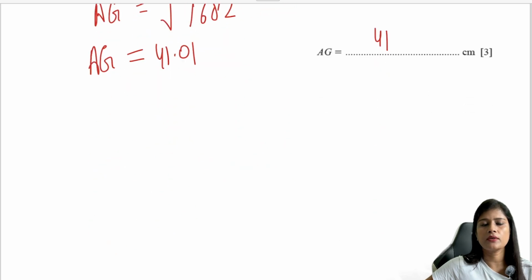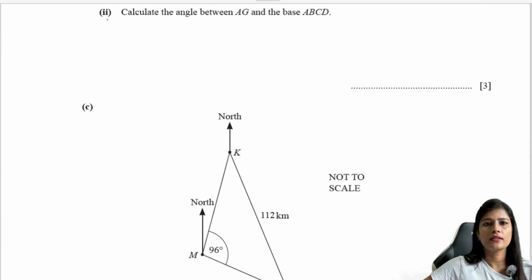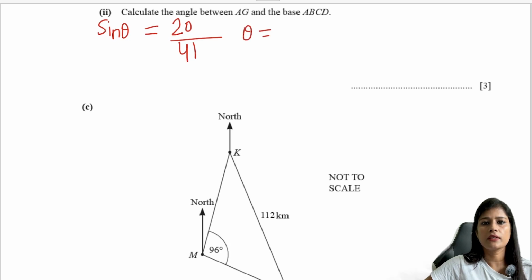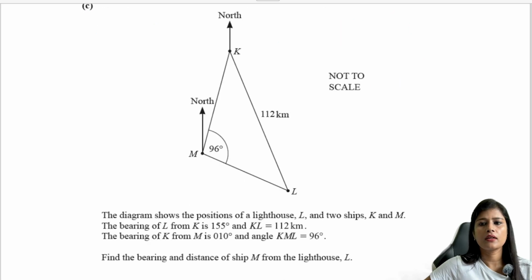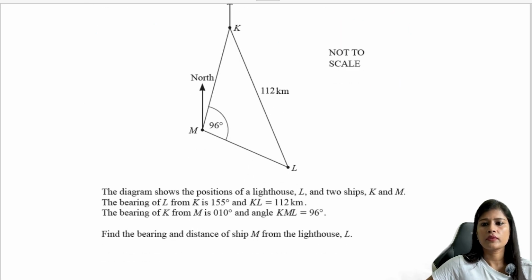So I can use the formula of sine. Sine theta will be opposite, which was 20, and the hypotenuse was AG. So this implies theta will be sine inverse of 0.4878. So theta will be 29.2 degree.